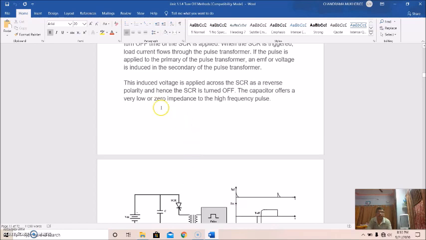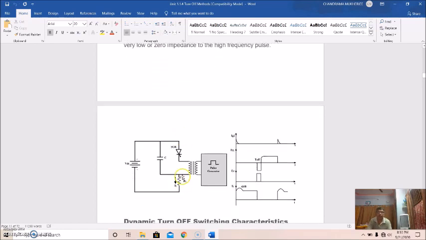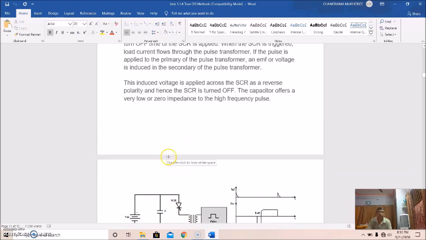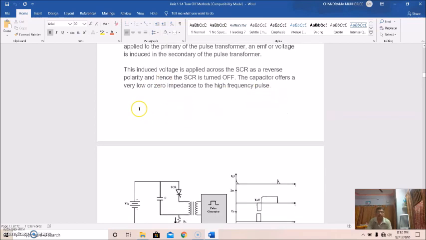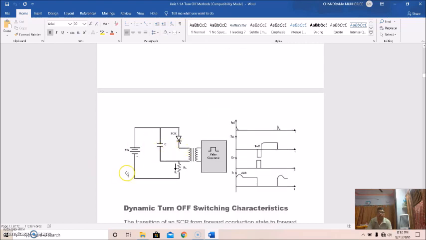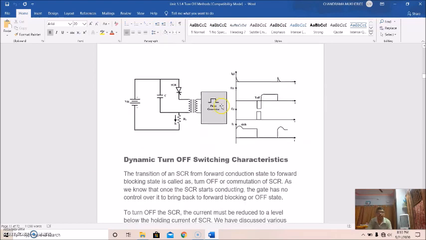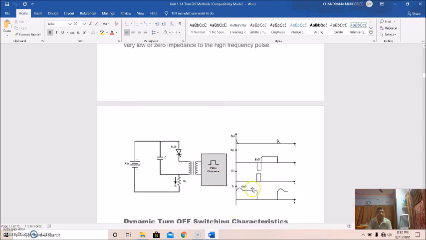Now this induced voltage is applied across this SCR, and hence the SCR is turned off. The capacitor offers a very low or zero impedance to the high frequency pulse. So this is the circuit, and this is the waveform in general.